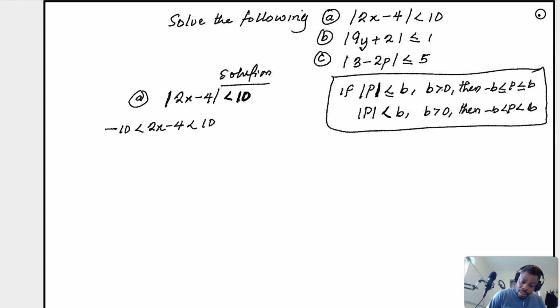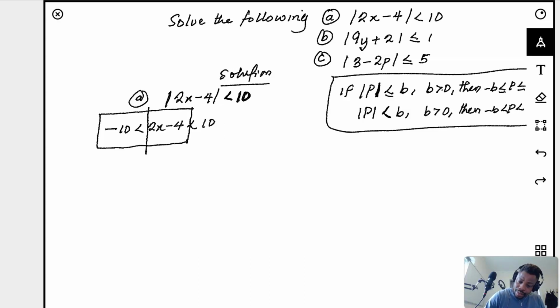Okay, now remember that you can decide to take the left and right first, then you take the second left and right. Let me make it easier for you.